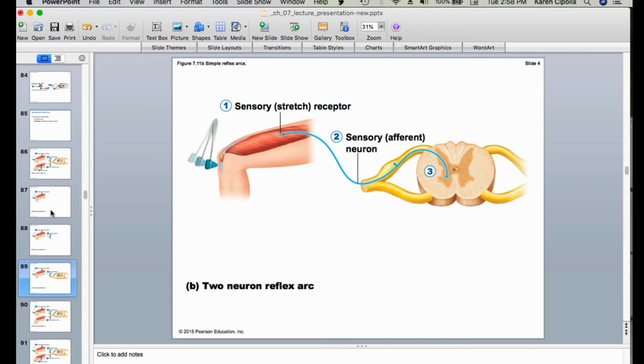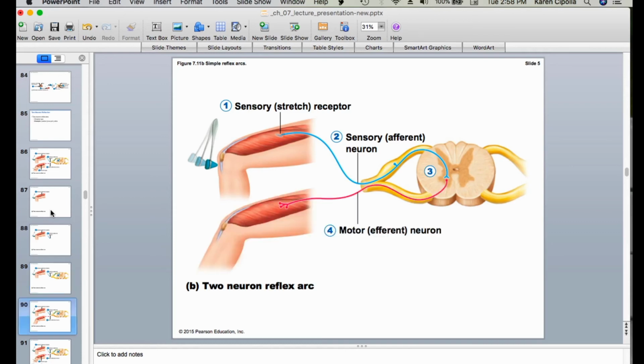It doesn't even need to send the information up to the brain, it just knows what to do. So that sensory information is brought into the spinal cord. It goes into the gray matter and then connects with a motor neuron that sends a message out back to the muscle to then cause the contraction of the quadriceps muscle, which causes that knee jerk.